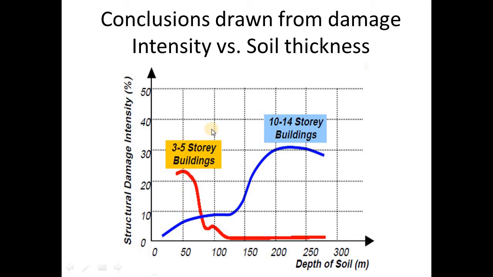That's why buildings of short period, the short buildings, get excited by the short waves and eventually experience severe damages, while the tall buildings get excited by long waves, because the medium doesn't filter or dissipate the long waves and lets them reach the building while it filters the short waves, so they would experience severe damages in areas where the soil thickness is thick.